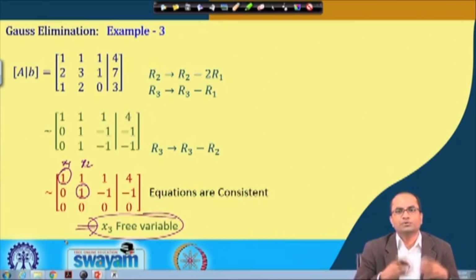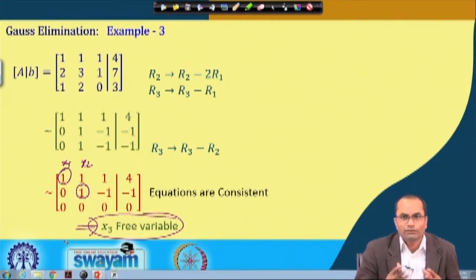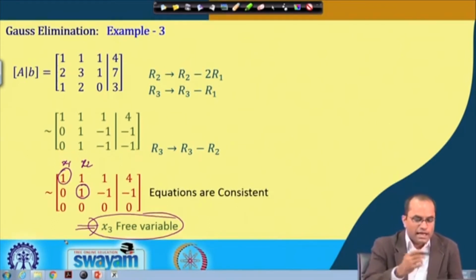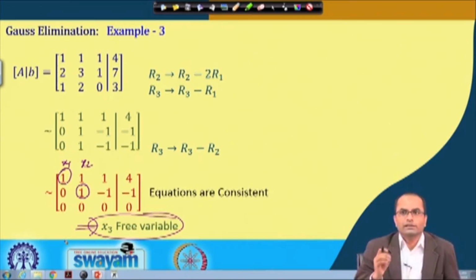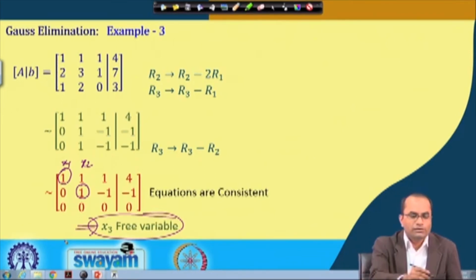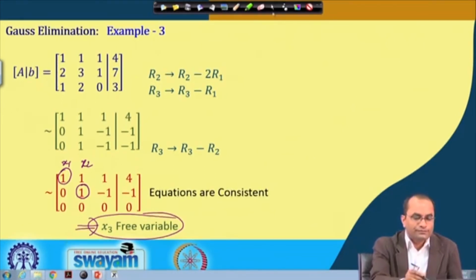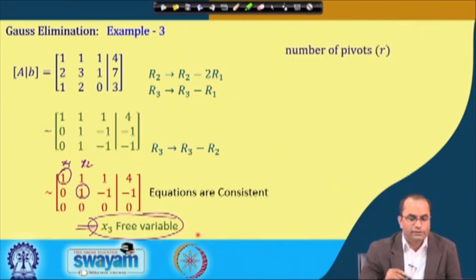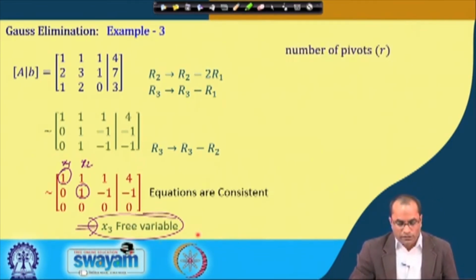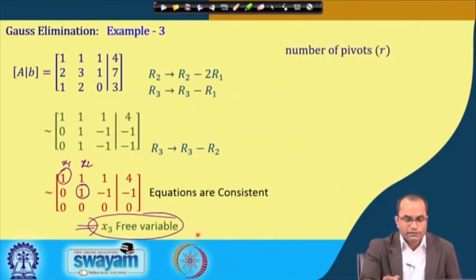Free means we can choose it as we want. This is exactly the point where we enter the discussion of infinitely many solutions, and since this is a free variable, we can choose anything we want, and that is what we will do now.